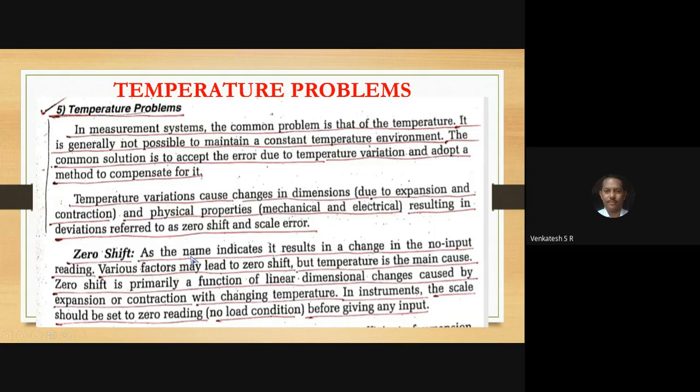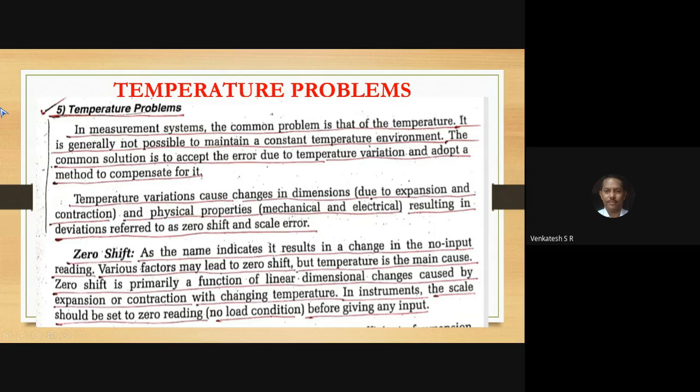Due to thermal expansion or thermal contraction of the metal used in the measuring system, the output of the system is affected, so the temperature problem is always present in the mechanical system.